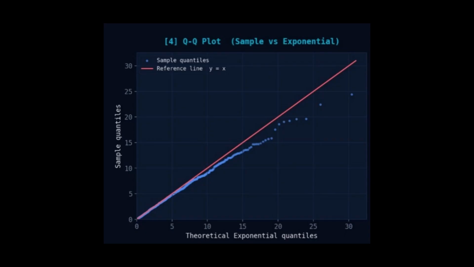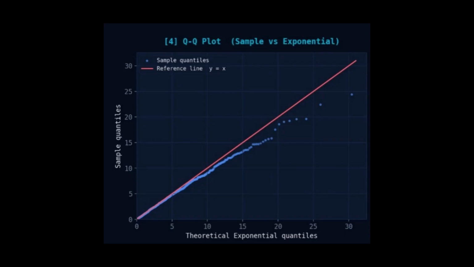This plot compares the quantiles of our 1000 generated samples against the theoretical quantiles of an exponential distribution with lambda equals 0.25. If our samples truly follow that distribution, the points should fall along the red diagonal reference line, y equals x.